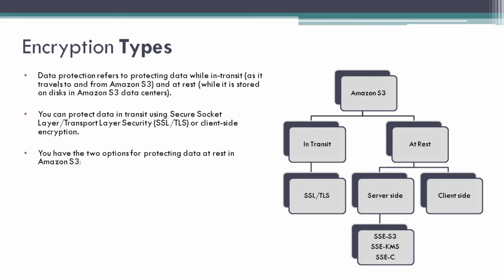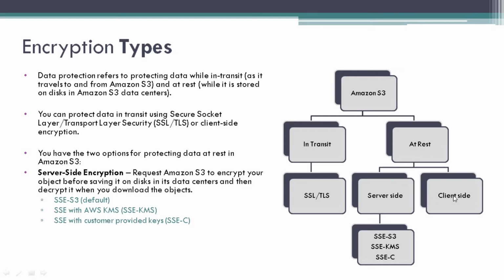So, for data at rest, when you want to encrypt your data, you have two options. First is server side and second is client side. So, what is server side encryption? You request Amazon S3 to encrypt your object before saving it on disk in its data center and then decrypt it when you download the object.